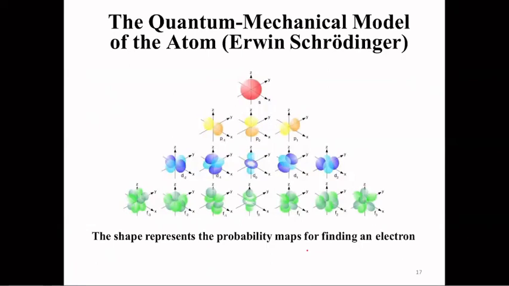And when they move more, they actually create what are called clouds of probability. And these clouds of probability, or probability maps, are what is called an orbital. Okay, it's not an orbit, but an orbital.